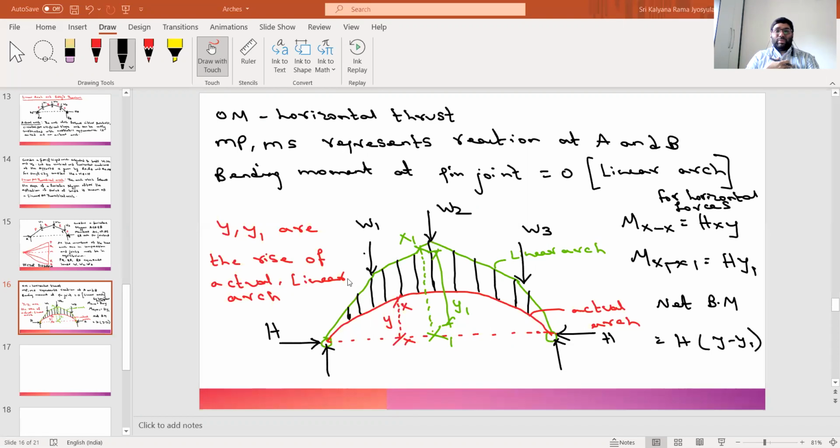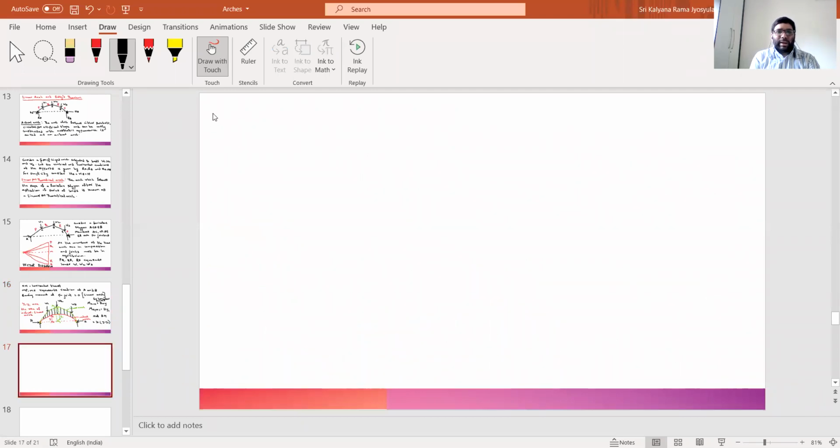So this is what we want now. What is it that we understood? The net bending moment at a given section is proportional to the difference in the rise. I'll write the statement.